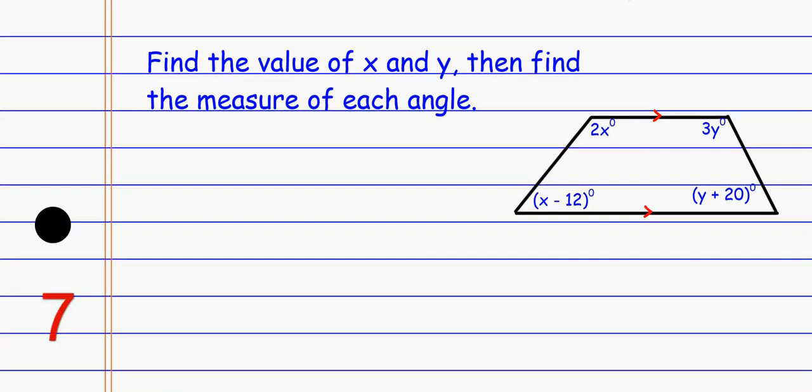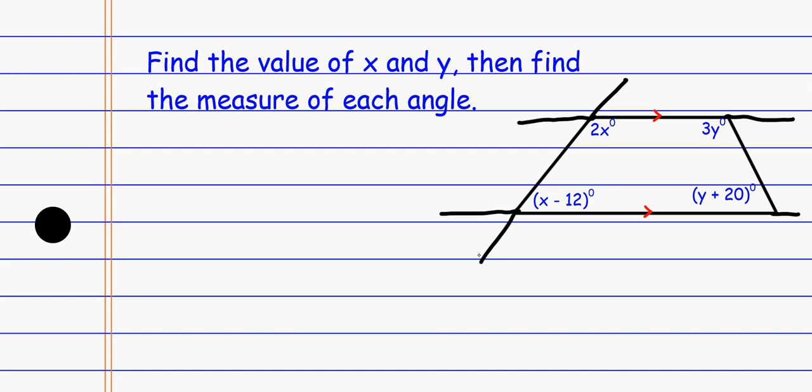If I look at something like this guy, find the value of x and y, then find the measure of each angle. And so I see those parallel lines. I have two different transversals here. And so maybe you want to extend those a little bit, extend the parallel lines. All right, might make it easier to see. And maybe extend this transversal a little bit. Now, hopefully, you can kind of see what's going on here.